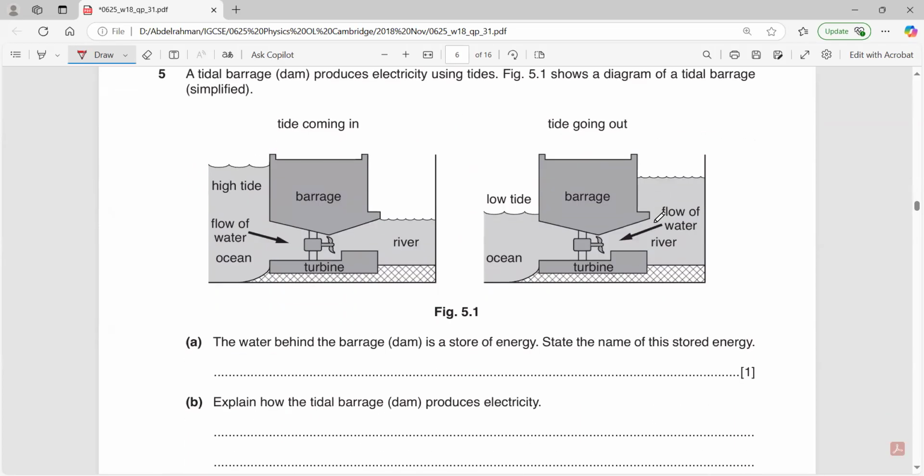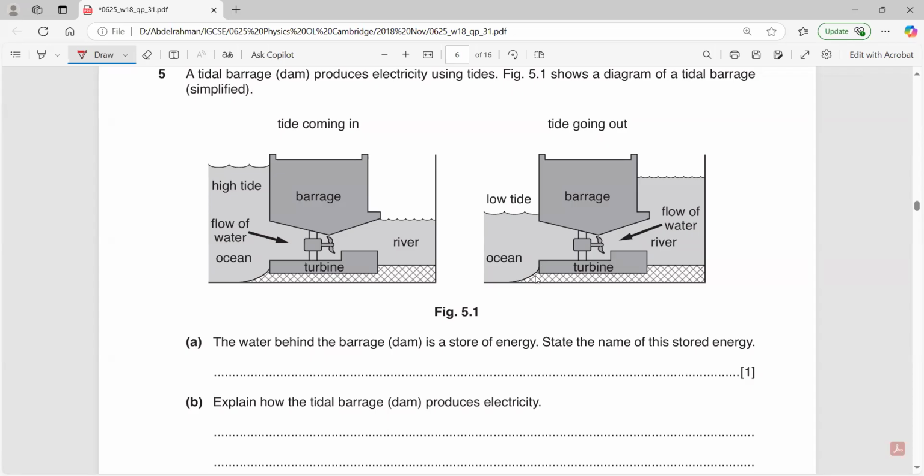A tidal barrage, a dam. With the tide coming in and the tide going out. The water behind the barrage is a store of energy. It stores one type of energy. What is this type of energy stored in the water behind the dam?